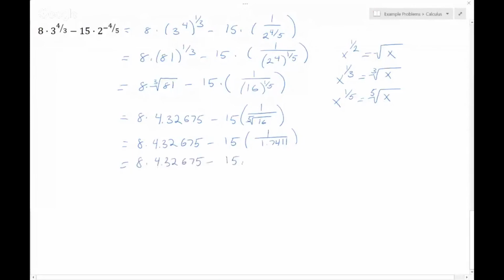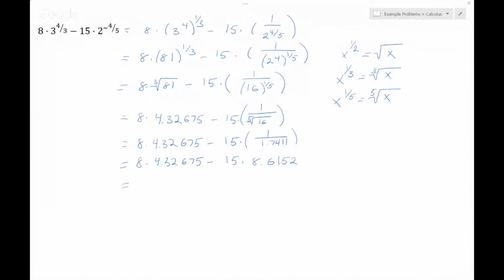Then rewriting this, we can convert the 1 over 1.7411 into 8.6152, and then all of this together can be multiplied through and evaluated, which I didn't have written down beforehand, so I had to actually figure out.